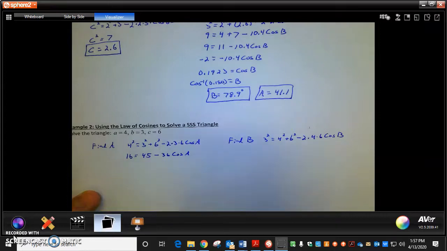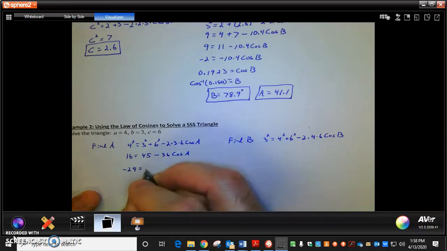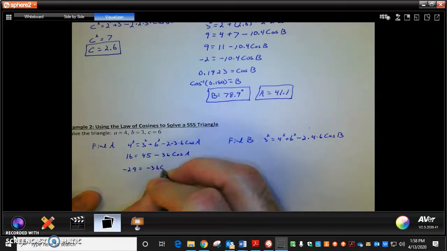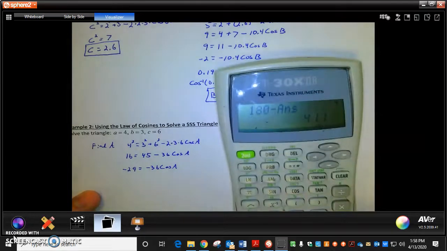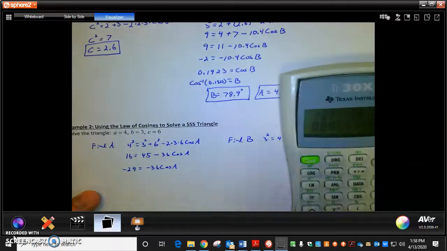So 16 minus 45 is negative 29. And then that minus sign becomes a negative, negative 36 cosine A. Now you can take negative 29 divided by negative 36. So negative 29 divided by negative 36 is that long decimal right there.